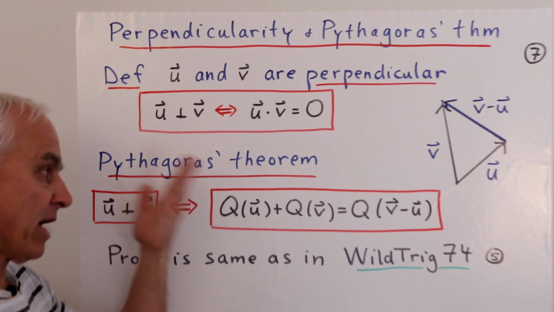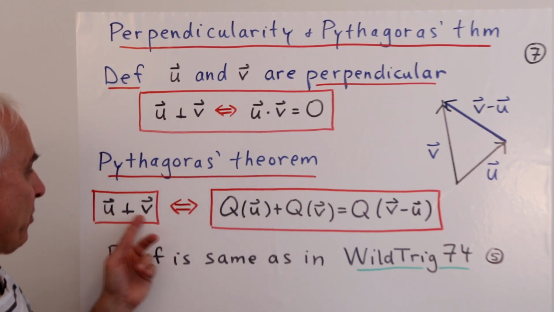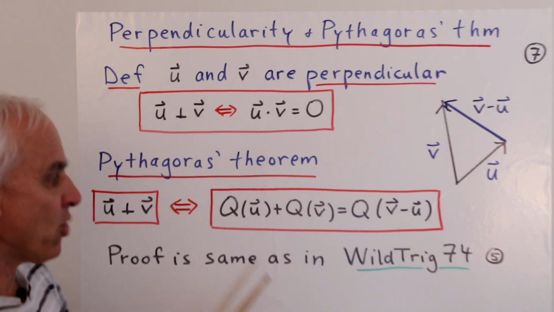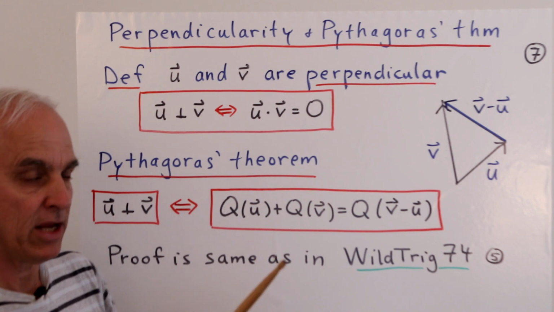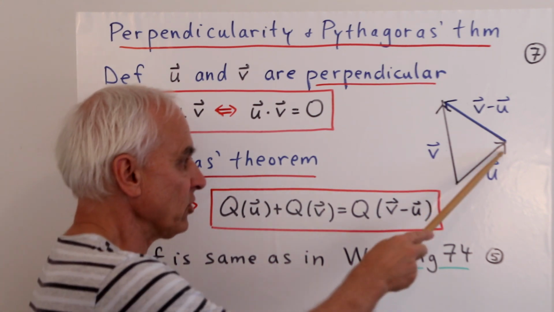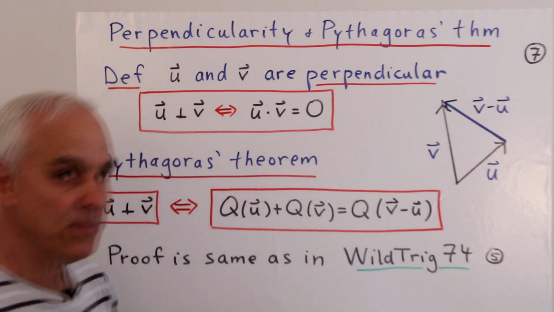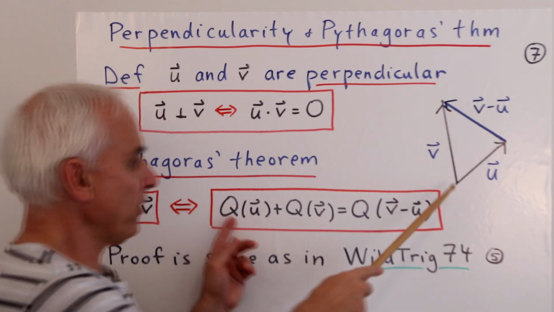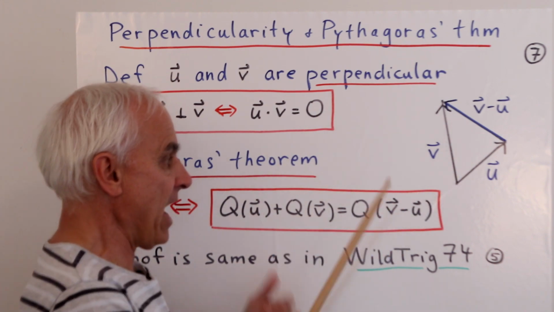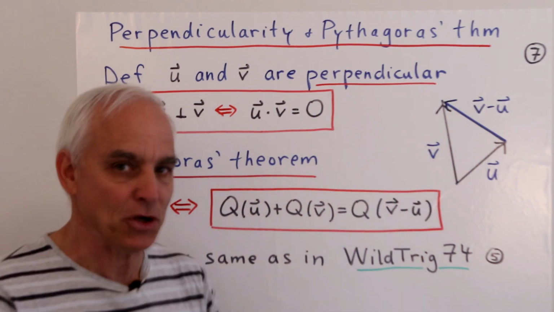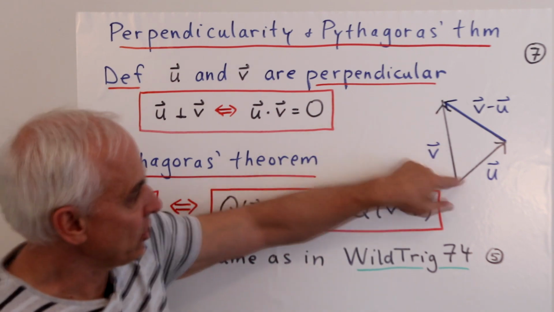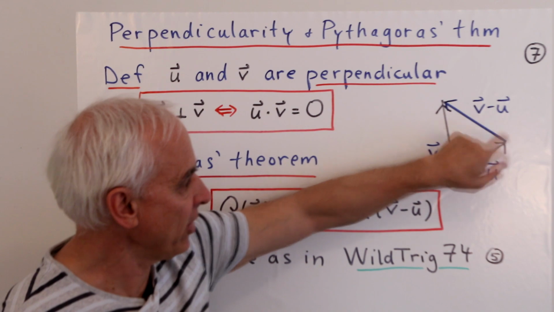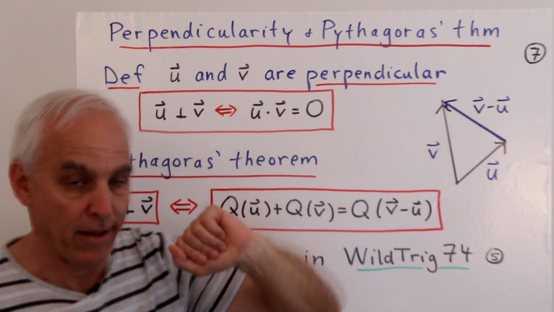And then we get Pythagoras' theorem, which is that this perpendicularity that we've just defined is basically equivalent to this relation between three quadrances: the quadrance of a vector u, the quadrance of the vector v, and the quadrance of the difference v minus u. So if the quadrance of u and the quadrance of v add up to the quadrance of v minus u, then these two are perpendicular. That means that we have perpendicularity there.